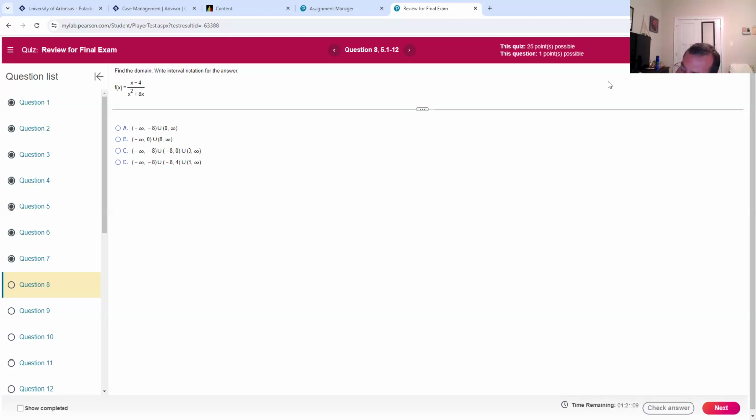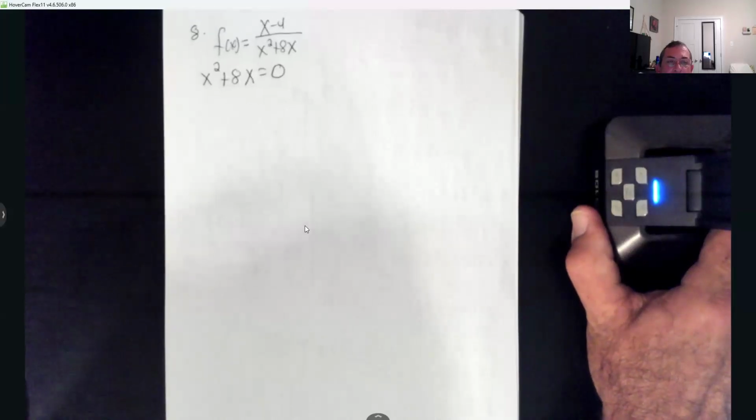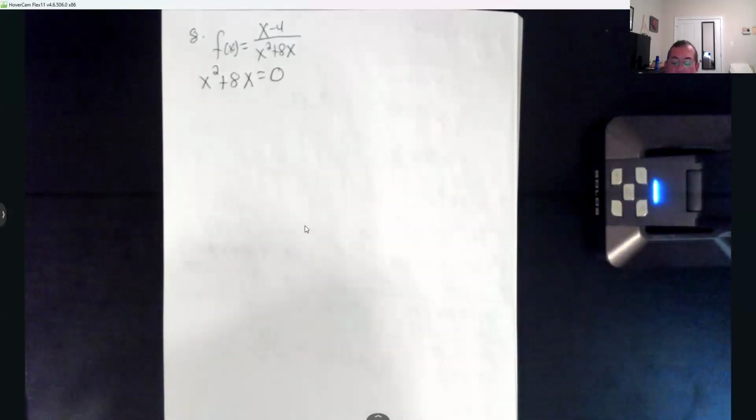So y'all, we know what we're going to do, right? We're going to set the bottom of this equal to 0. So we're going to set that equal to 0. Because that's what we do when we find our domains, right? We set the bottom equal to 0.